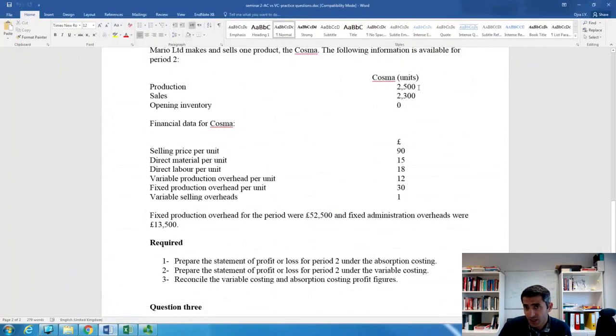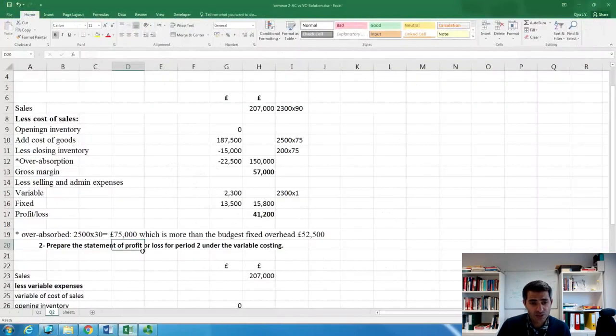If you remember, we produced 2,500 units. If we multiply it by the fixed production overhead per unit, 30 pounds, right? That comes to 75,000 pounds. This is the production overhead based on 2,500 units.